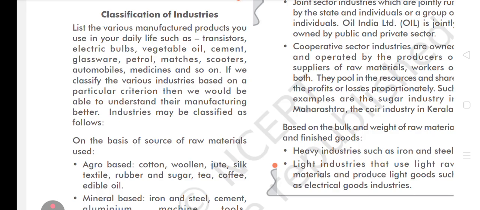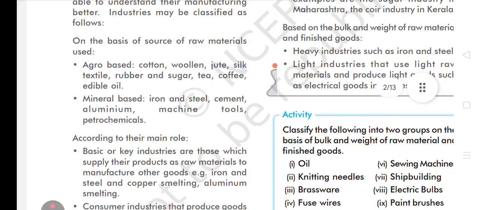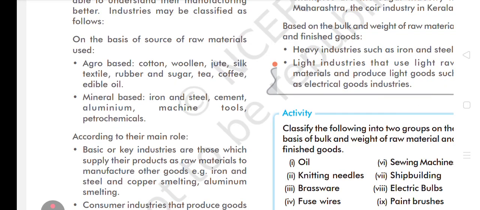Okay, so criterion. Now see, next is given, industry may be classified as follows: on the basis of source of raw material used. So on the basis of source of raw material used, there can be two types of industries. One is agro based industry, in which you will find cotton, woolen, jute, silk, textile, rubber, sugar, tea, coffee, edible oil. So these are in agro based industry.